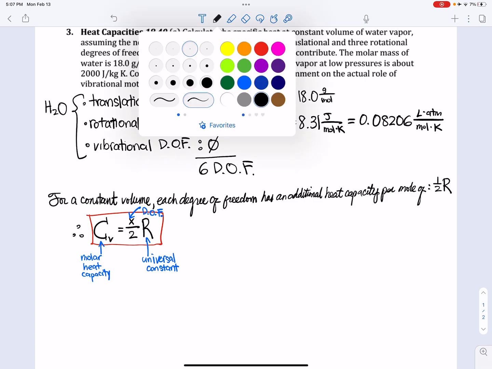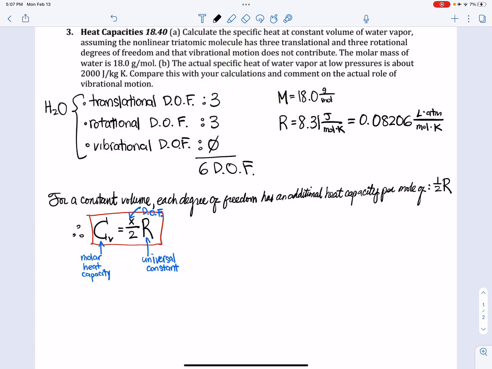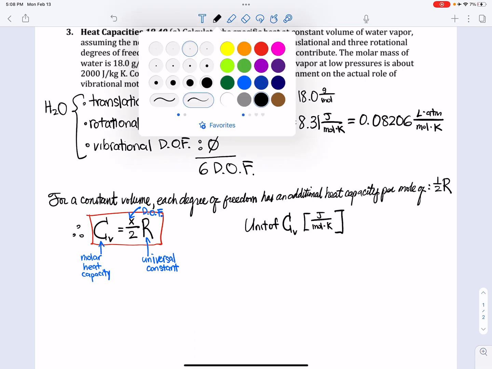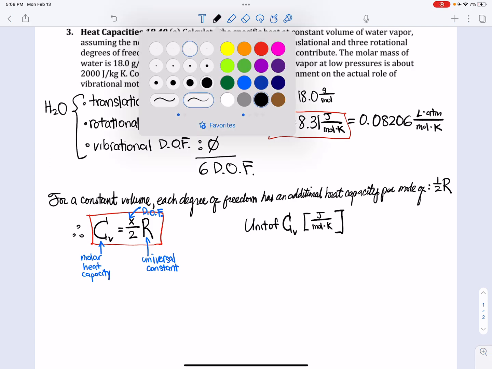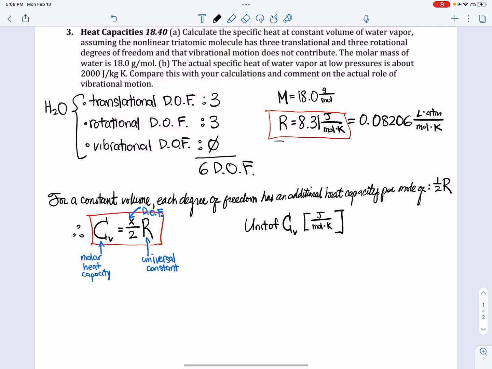And I know that the unit for my molar heat capacity, capital CV, is joules per mole times Kelvin. So therefore, I will use this version of R in this problem. But it's good to know both of them. On your cheat sheet, you should definitely have both of them.